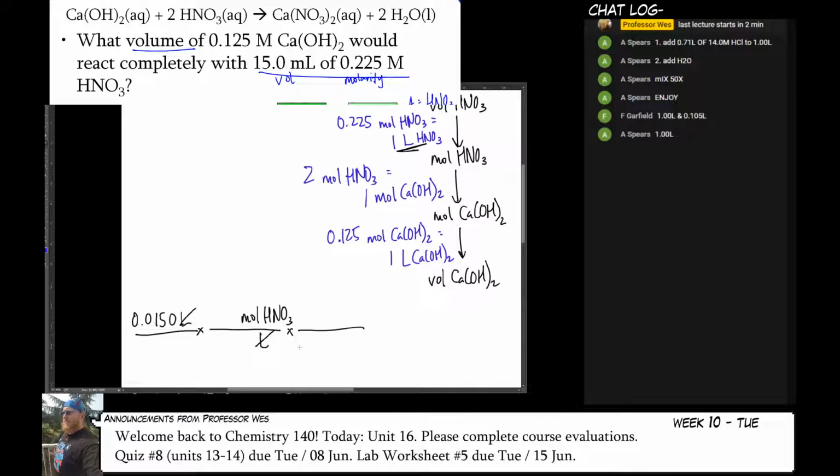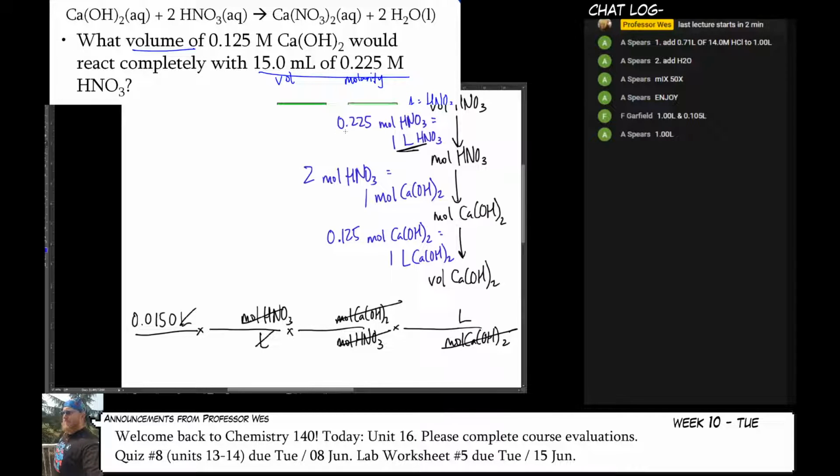Then we'll turn moles of HNO3 into moles of calcium hydroxide. And then we'll turn moles of calcium hydroxide into a volume of calcium hydroxide. Now you'll notice that I don't use the indicator for volume. That's because if I wrote calcium hydroxide up here, you might be tempted to cross out the calcium hydroxide up there with something else and do the units wrong. So when you're given a volume, be very careful you're using the right volume.